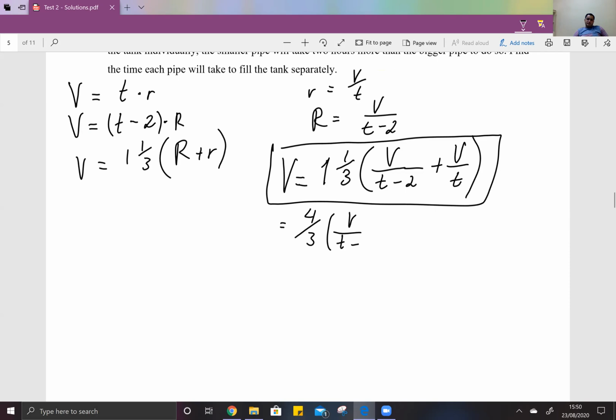The V is a common factor, right? Immediately take this out. Always in math, simplify expressions at every step if possible. But take V out, the V is a common factor, right?